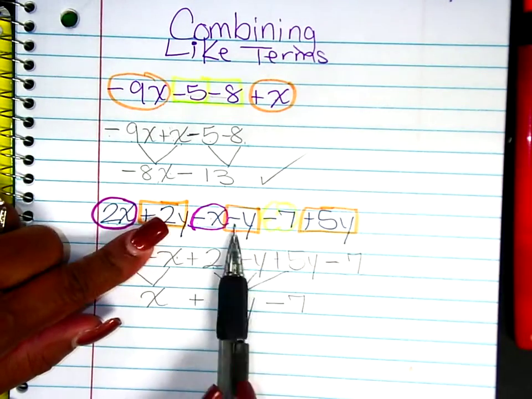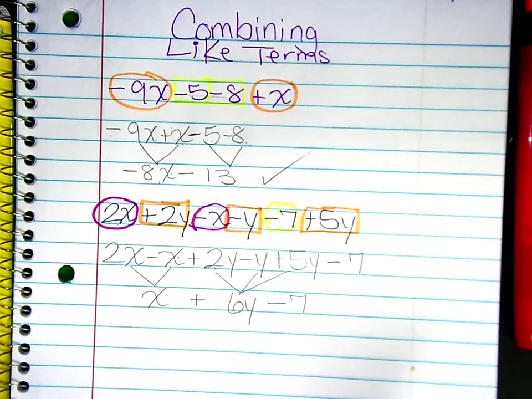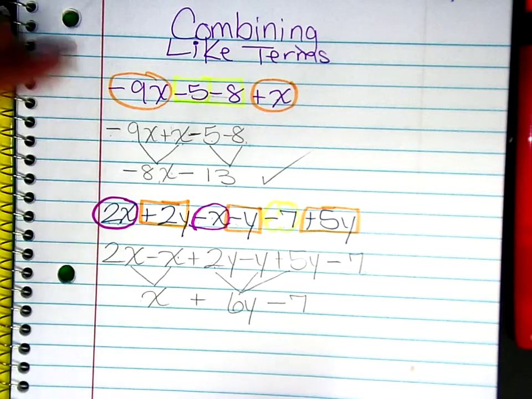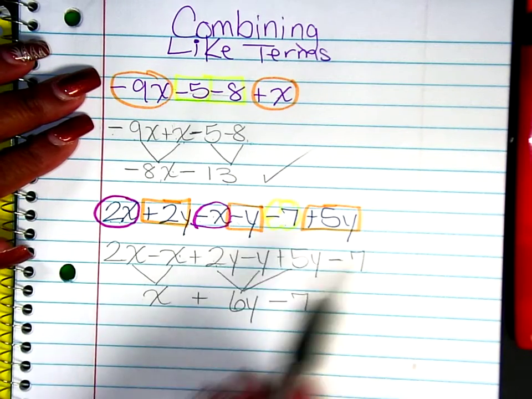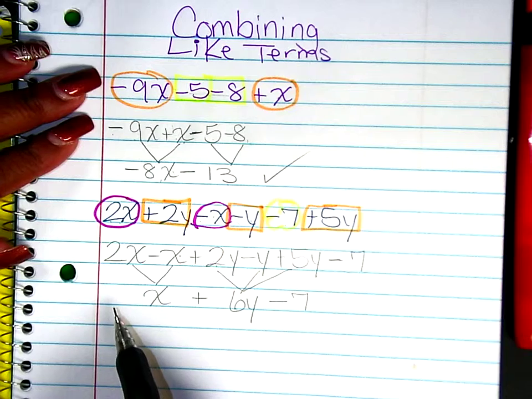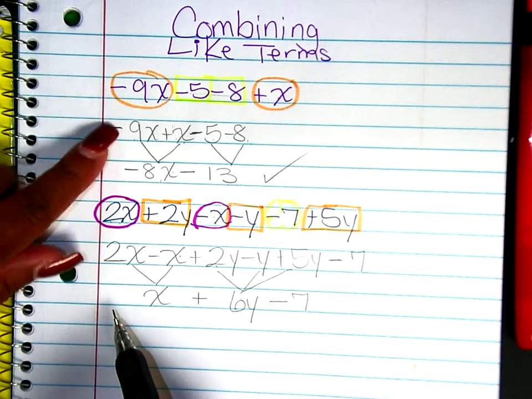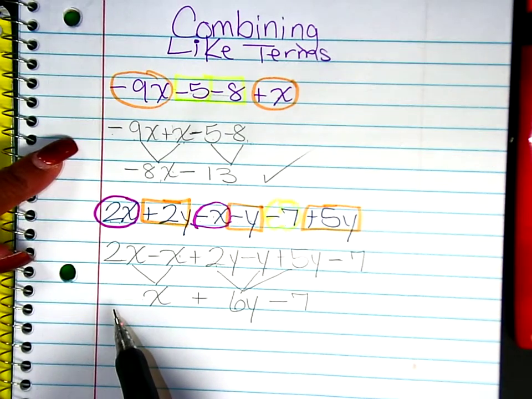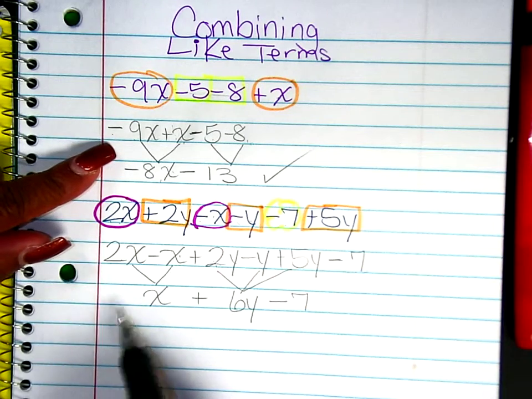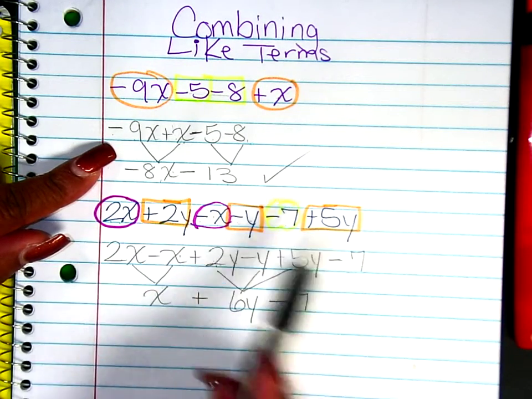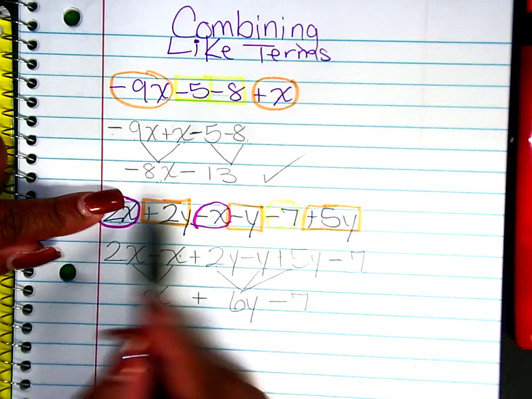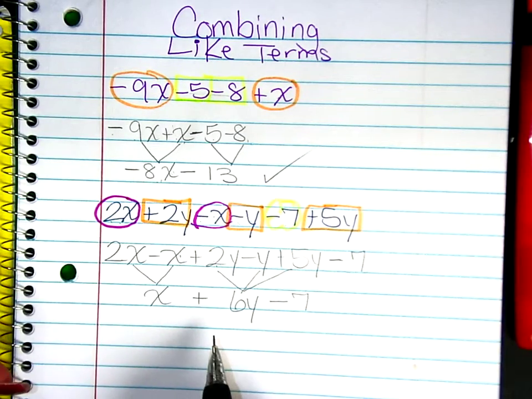The y terms are enclosed with orange. The constant, yellow. After I identify my like terms, I rewrote the problem using the commutative property so that the like terms would be beside each other. After I did that, I add or subtract the like terms so that the problem will be in its simplest form.